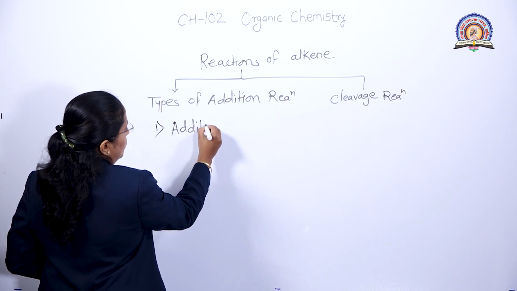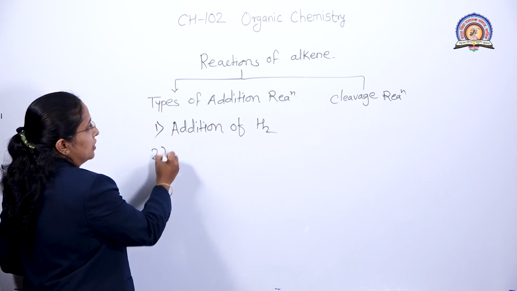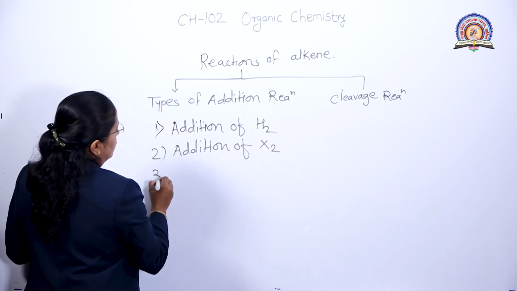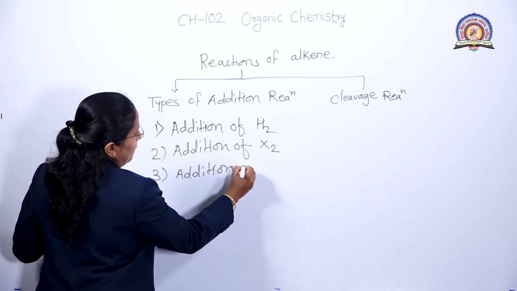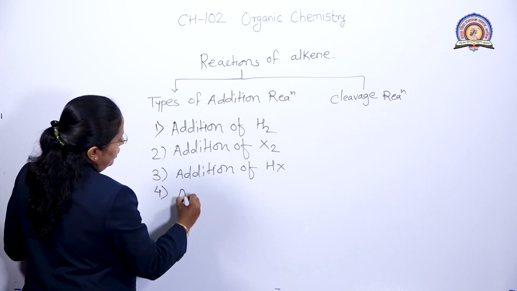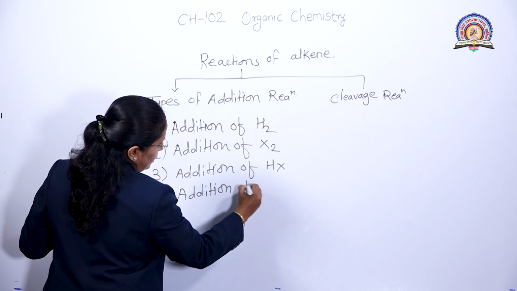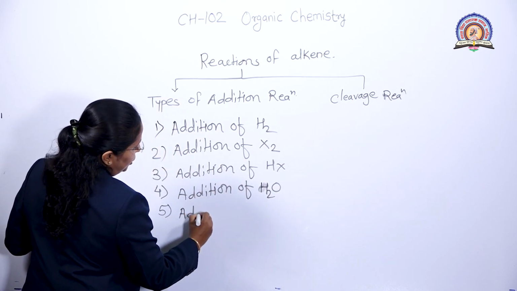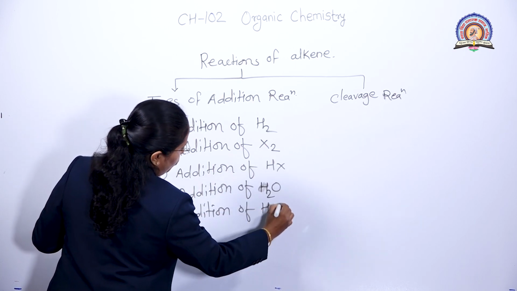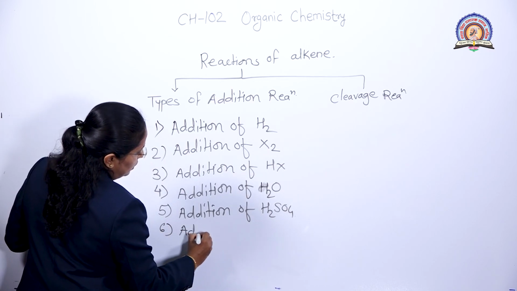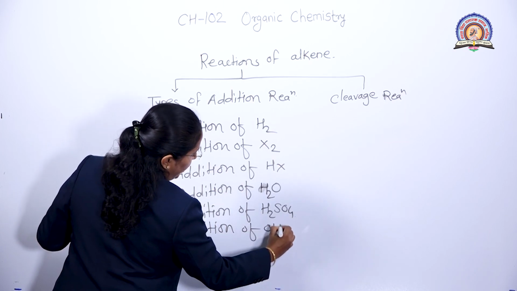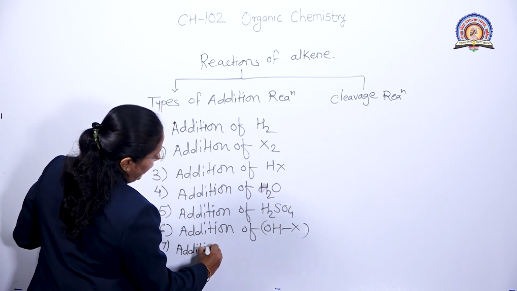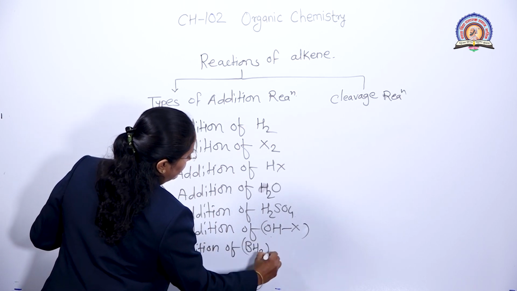Addition of H2, then the second way, addition of X2, third addition of HX, then in the fourth way the addition of water, fifth addition of H2SO4, addition of OHX, this is hypohalous acid, and last, addition of BH3 twice.